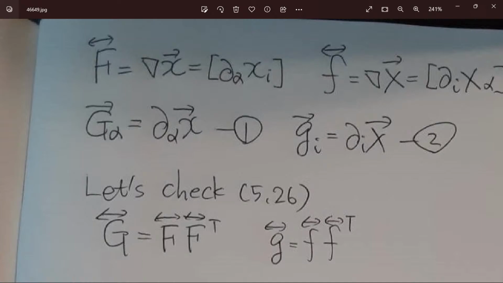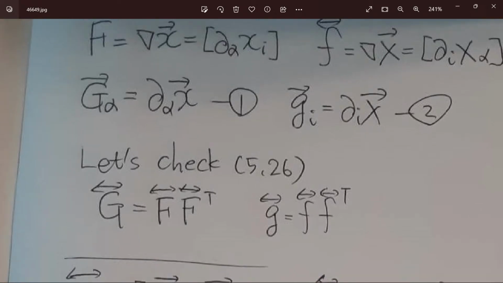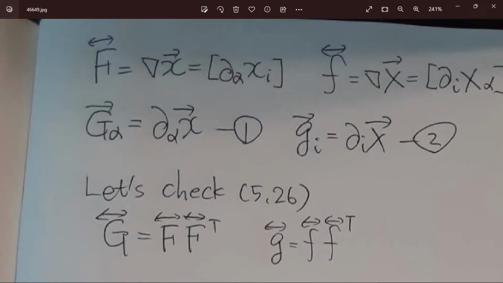So you take a partial derivative with respect to x alpha. Each component of x, since x is a vector, has components x1, x2, x3.